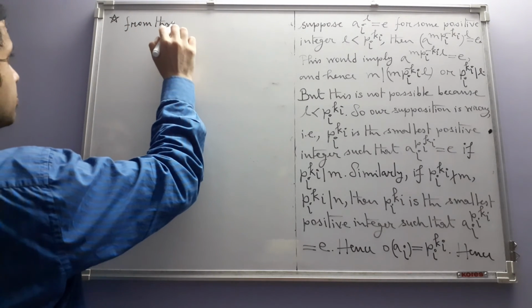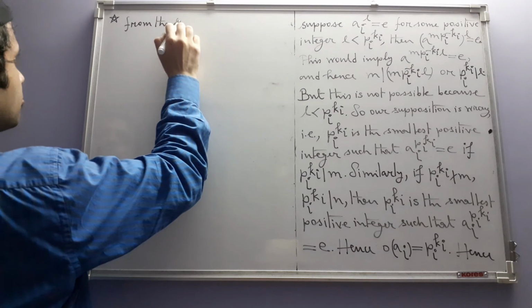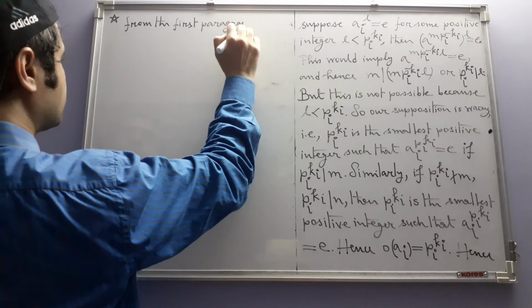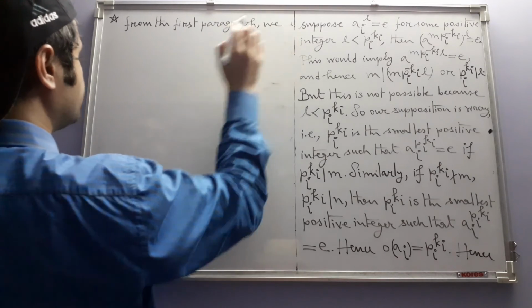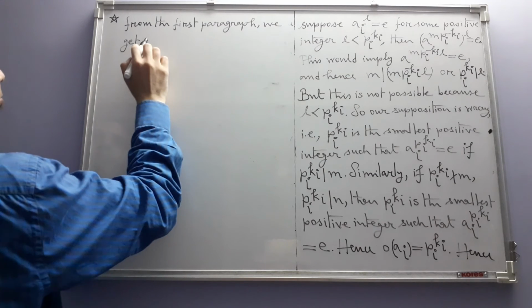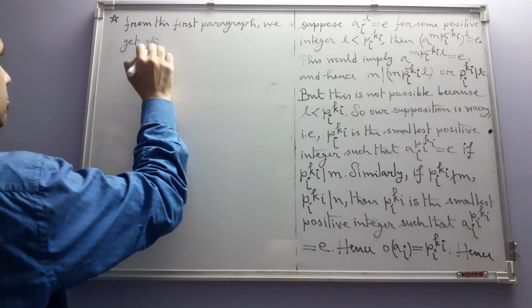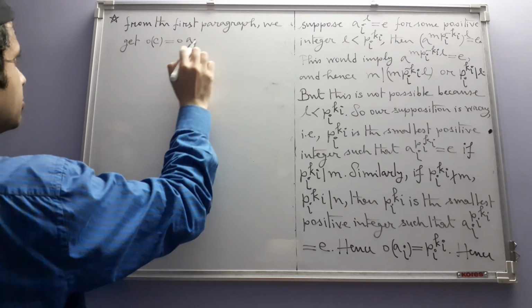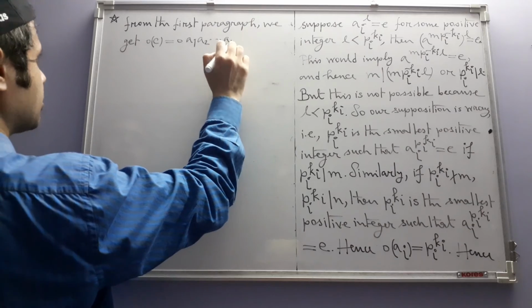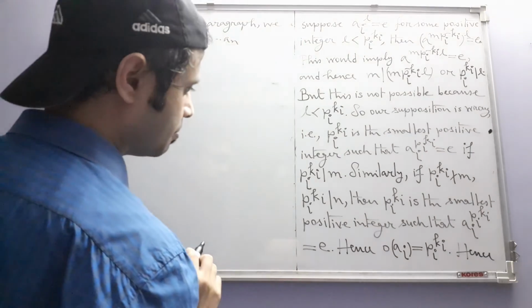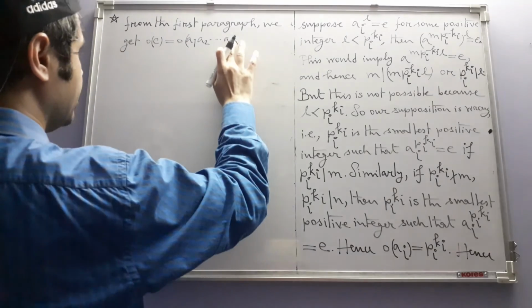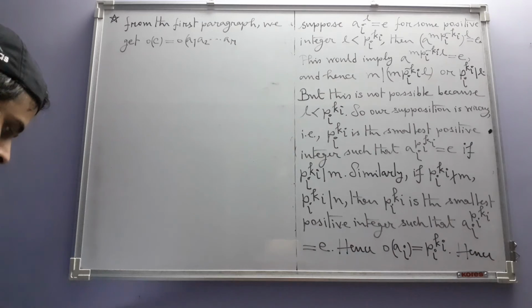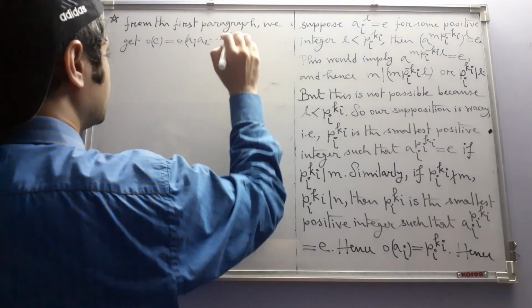Hence, from the first paragraph, we get order of c equal to order of a1, a2 up to a_r.